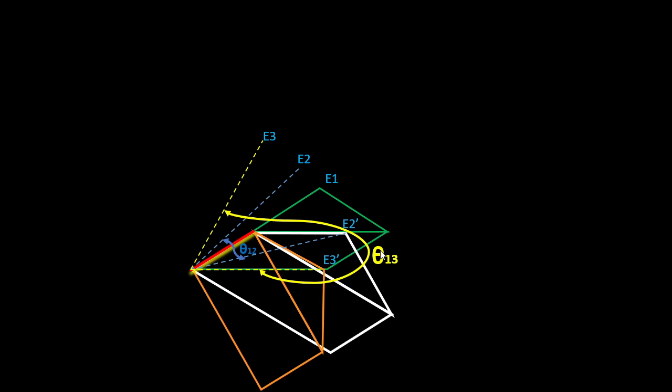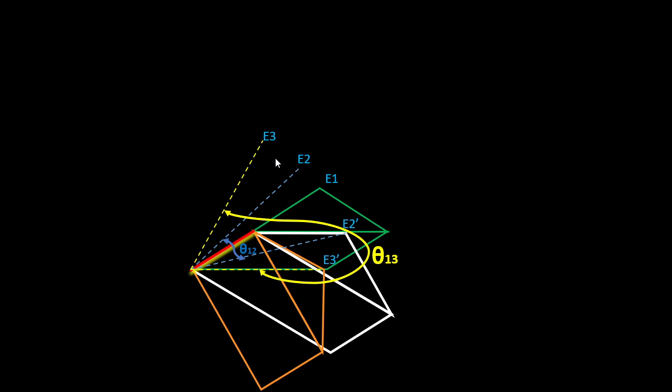Understand? So now we have changed the problem completely. Now we can find this B2 point. Actually we don't know the B2 point, we know E1, E2, E3 positions, this theta 12 angle, this theta 13 angle.